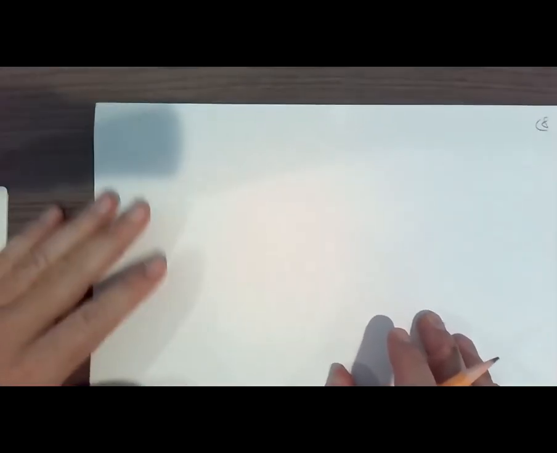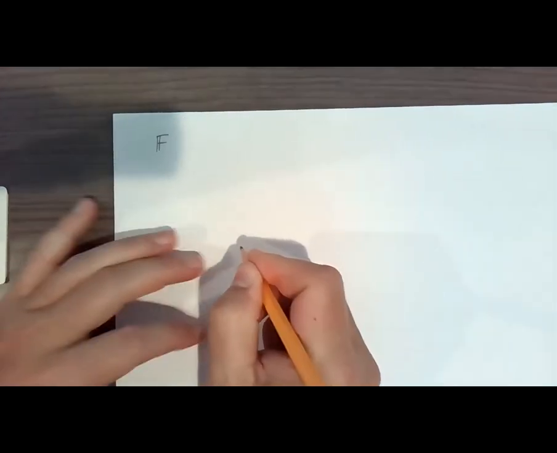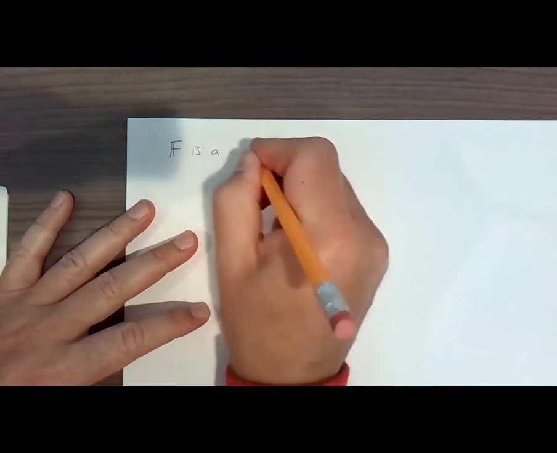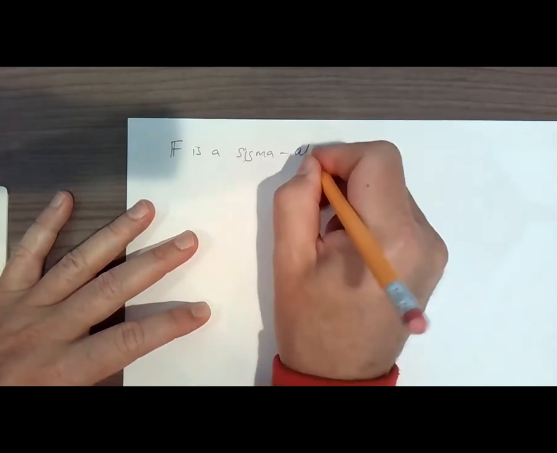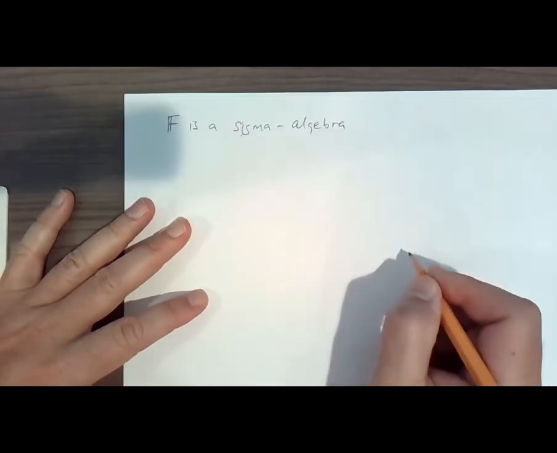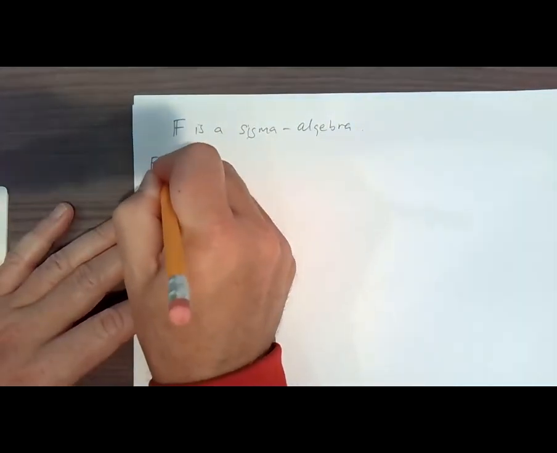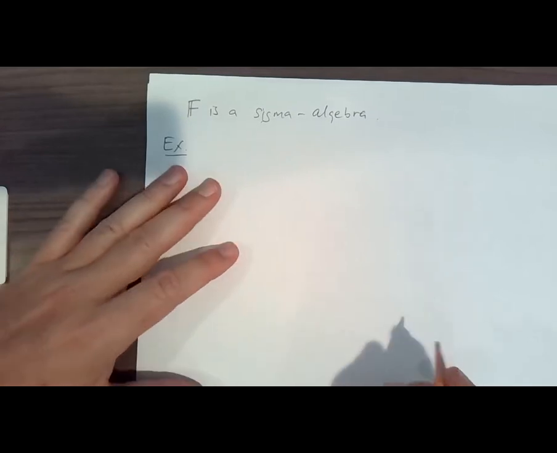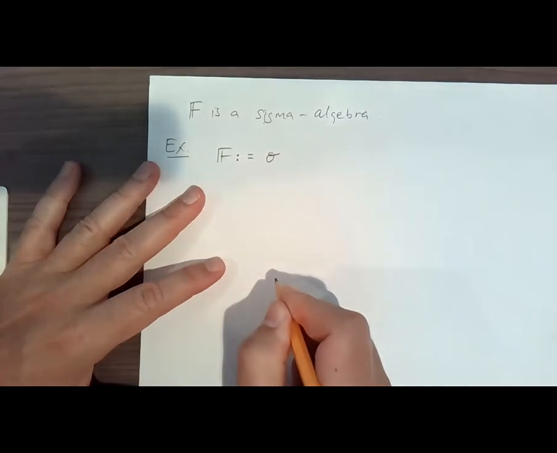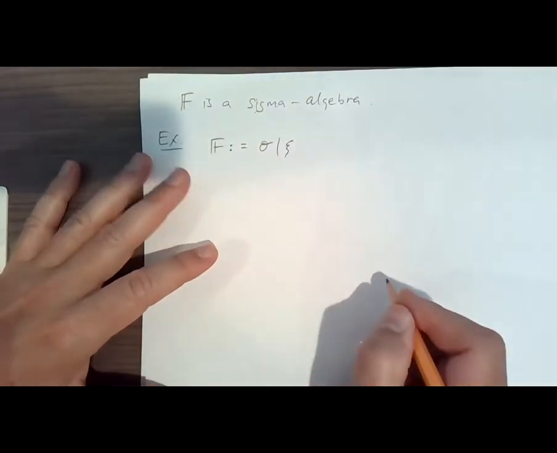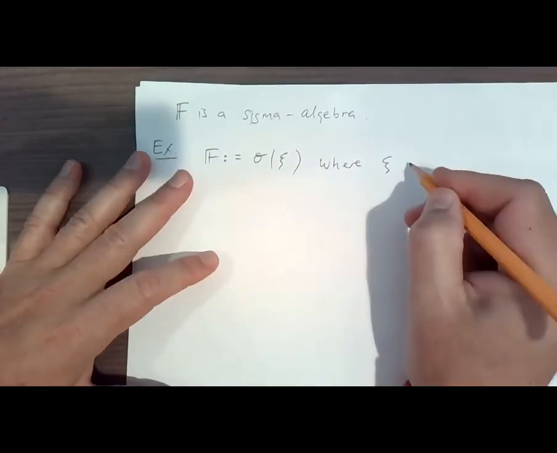there's no way around it. We need to know what a sigma algebra is, right? So we need a sigma algebra. And for us, a main example is written as F, and it's defined as sigma of psi, where psi is one of these Bernoullis.